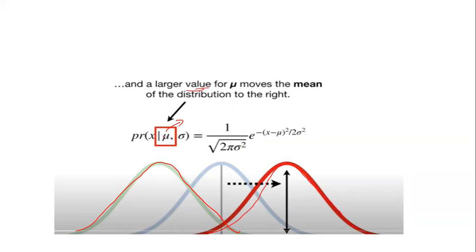So basically, mu controls where the curve should be moved. For a larger value of mu, the mean of the distribution will be shifted to the right. For a lesser value of mu, the mean of the distribution will be shifted to the left.